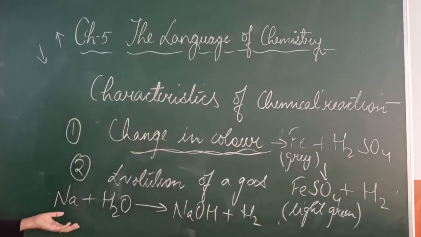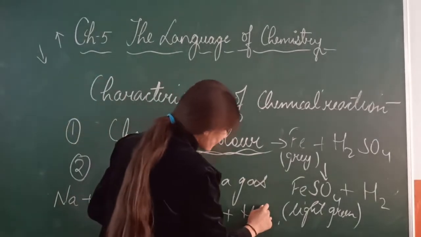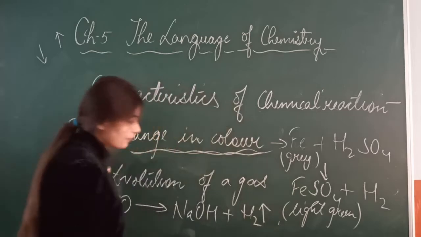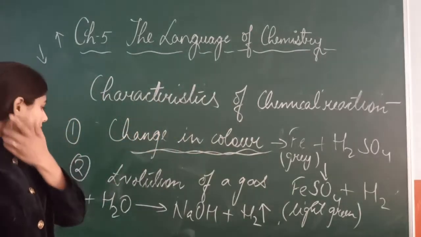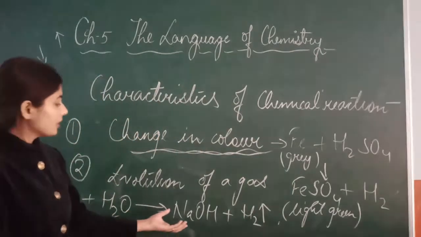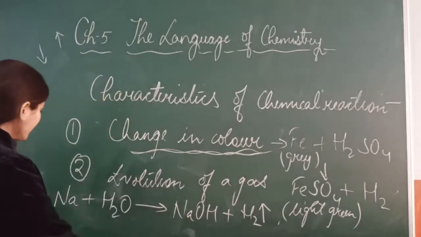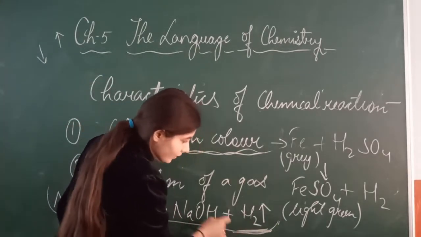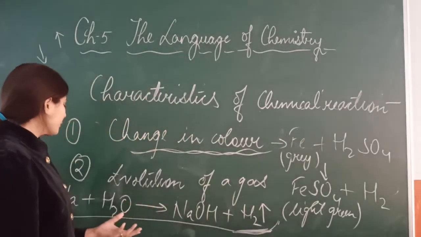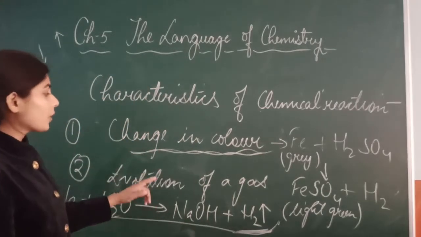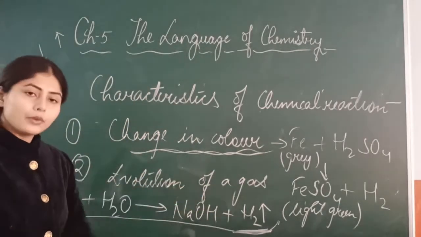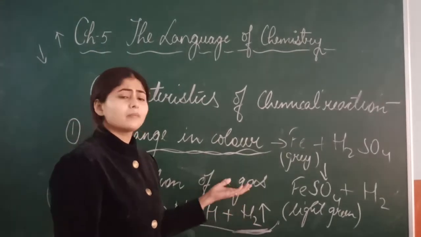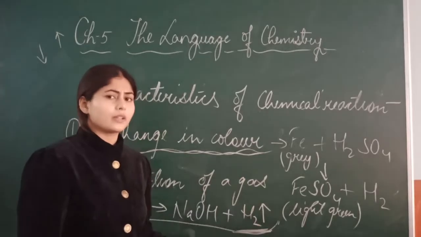So you can see here that the hydrogen gas is evolving. We will indicate this gas with an upward arrow. And sodium hydroxide is formed. So in this chemical reaction, gas is evolving, and this is also one of the characteristics of a chemical reaction, because in many chemical reactions, gases are evolving.